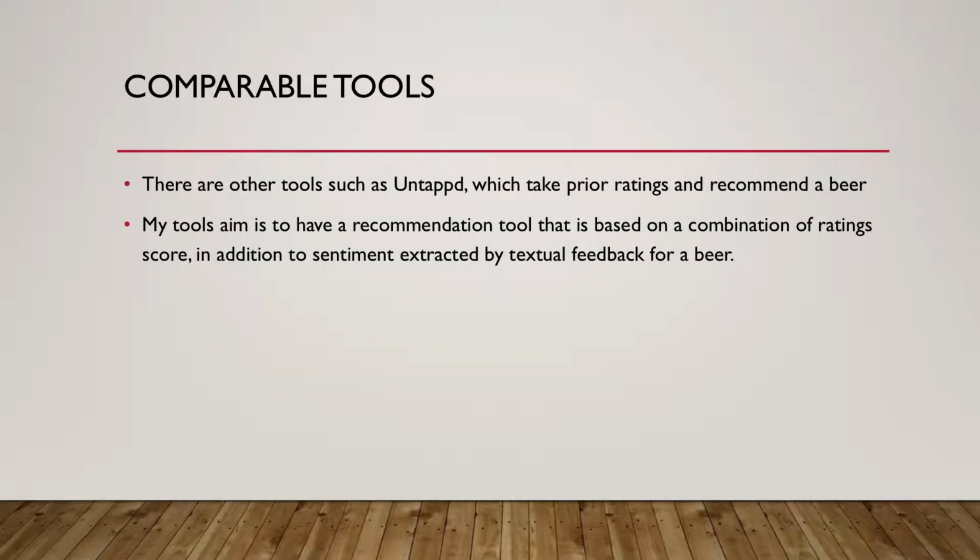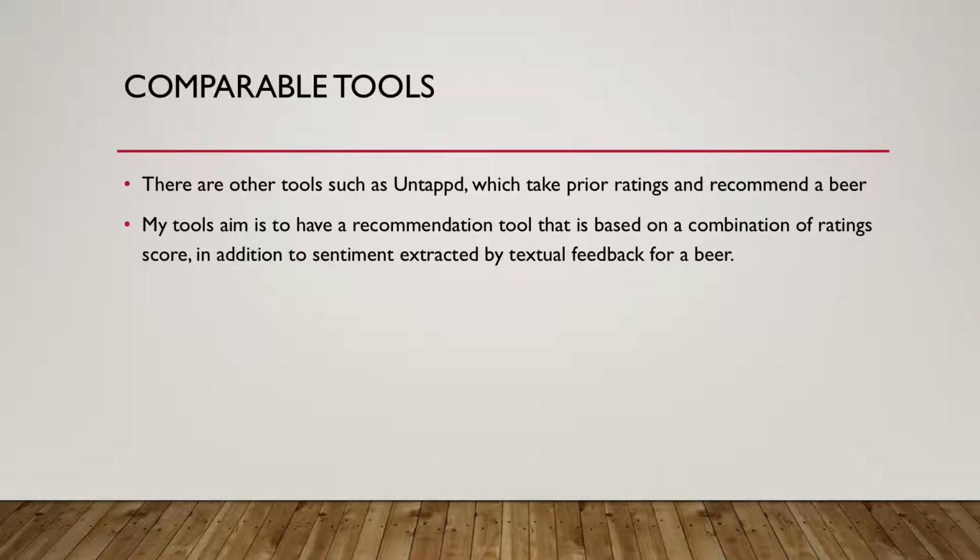As far as comparable tools to the application I developed, there are tools out there. A big application that is out there is a mobile application called Untappd. They do make recommendations based on a rating system and recommend a beer based on that rating system.